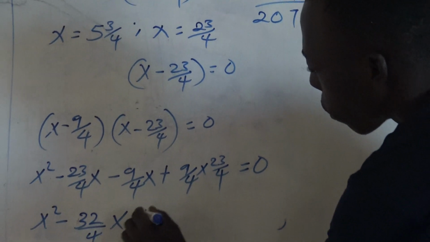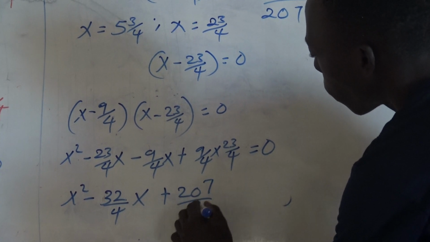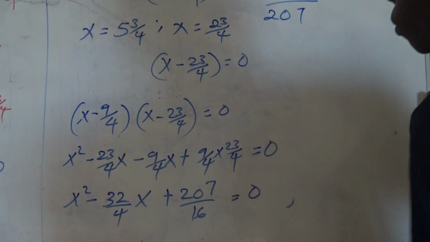So it will be plus 207 out of 16, which is equal to 0.